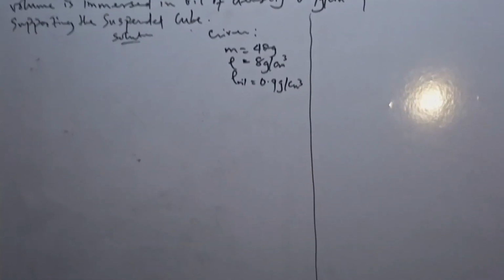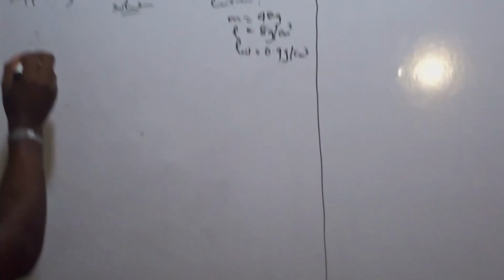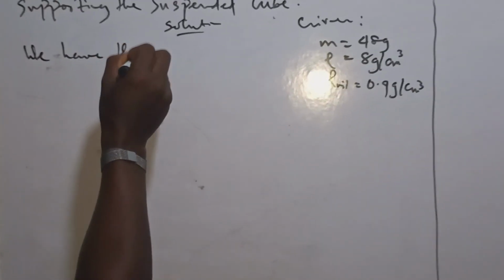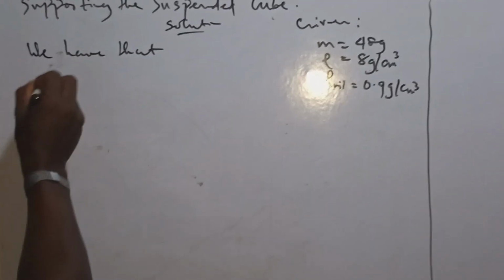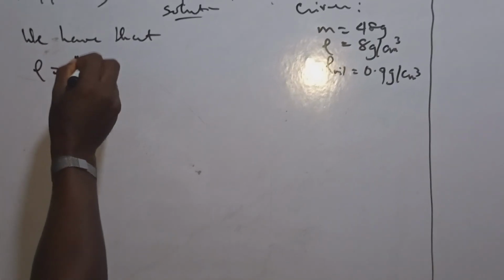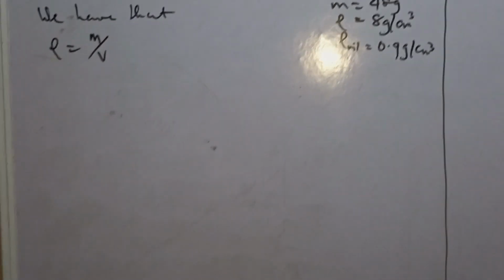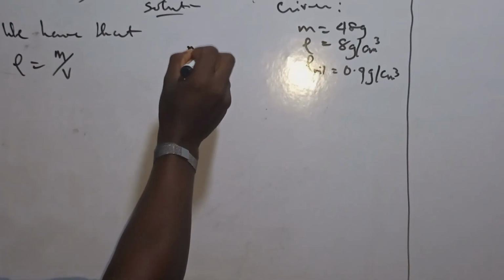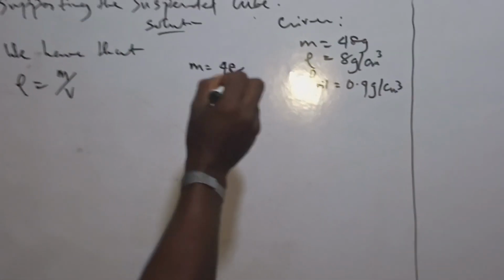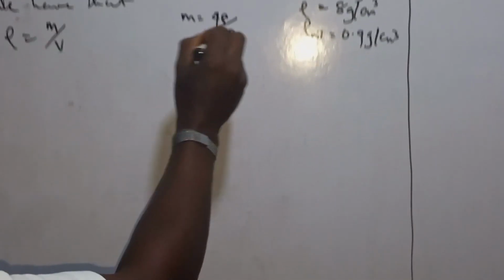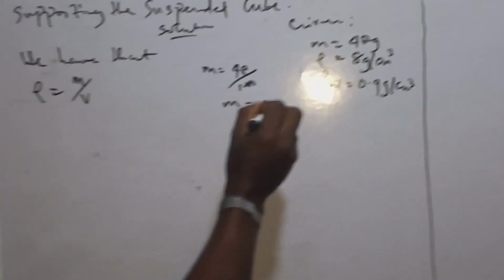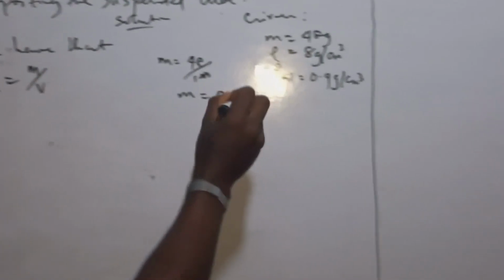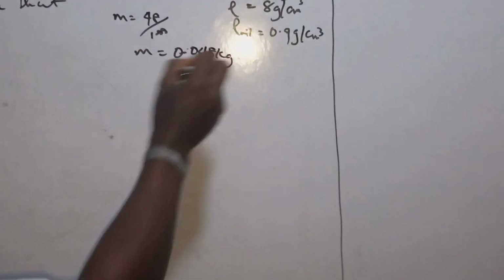Now, for the solution, we have that density is equal to mass over volume. And let me also break this down. The mass here is 48 divided by 1000, so you have mass to be 0.048 kilogram.